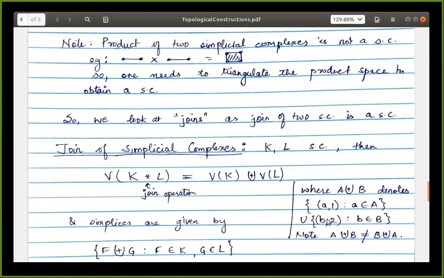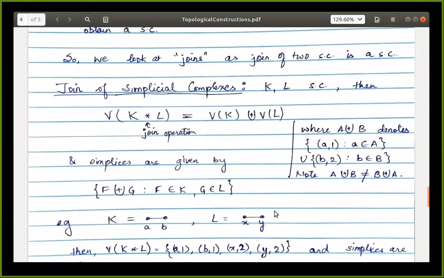And then you take their union. A very striking fact is that for disjoint unions, A disjoint B is the same as B disjoint A. But for ordered disjoint unions, if you change the ordering, it does not give you the same spaces; they are not equal. Of course, you will get same spaces up to equivalence, as we'll see later, but they are not the same, whereas disjoint unions give you exactly the same items.